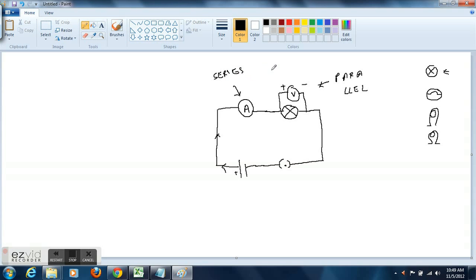Voltmeter is always connected in parallel, ammeter in series. This is the wire. I think by now you already know. This is the cell and this is the switch.